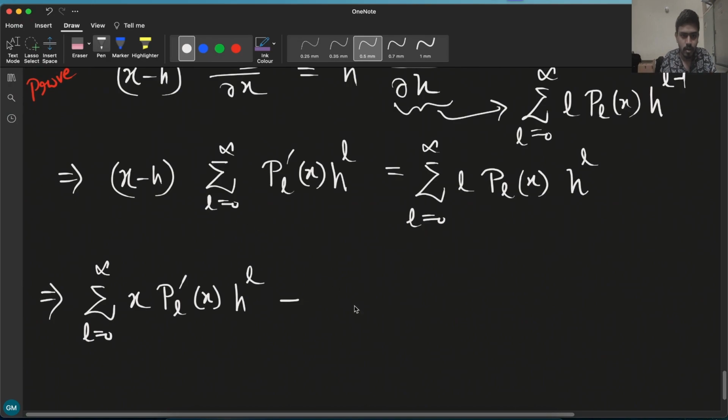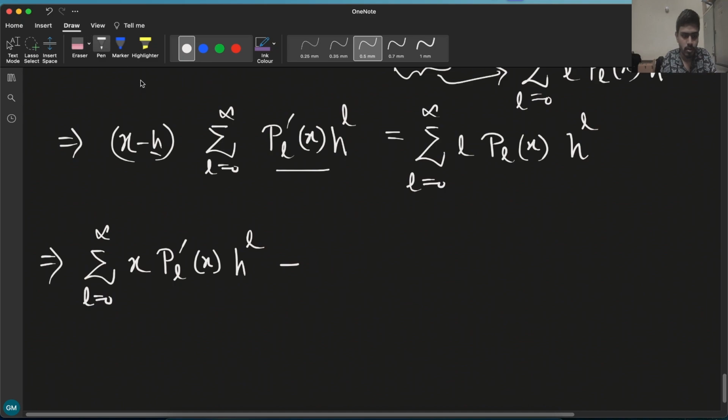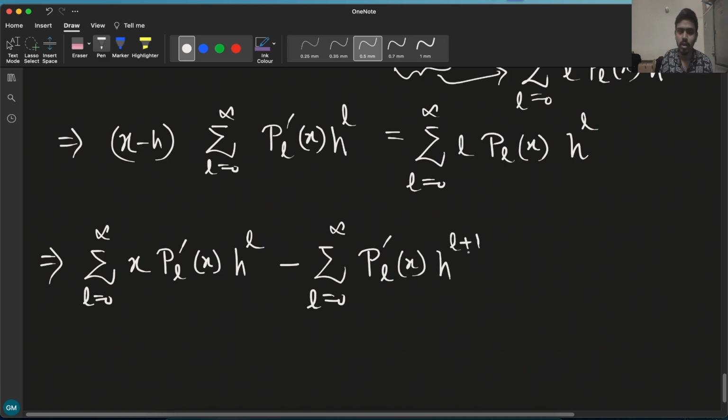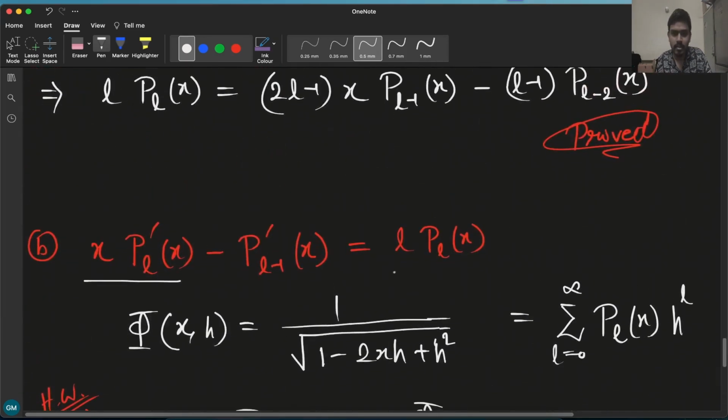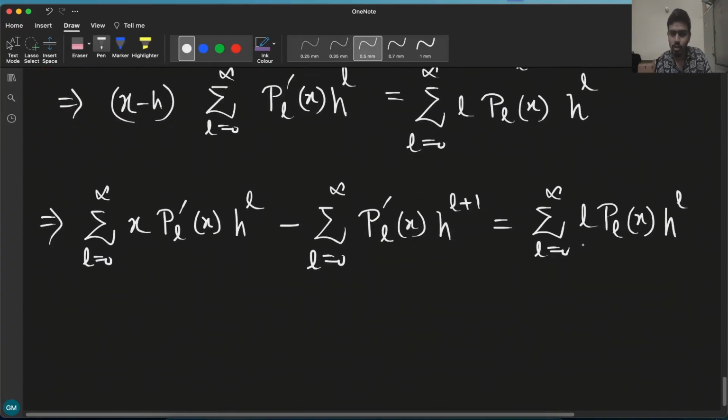Minus h multiplied with this term, which is the sum over L equals 0 to infinity of P'_L(x) h to the power L plus 1, equals the sum over L equals 0 to infinity of L P_L(x) h to the power L. And this L P_L(x) is also present here. So here also, as a coefficient of h to the power L, we got this term.